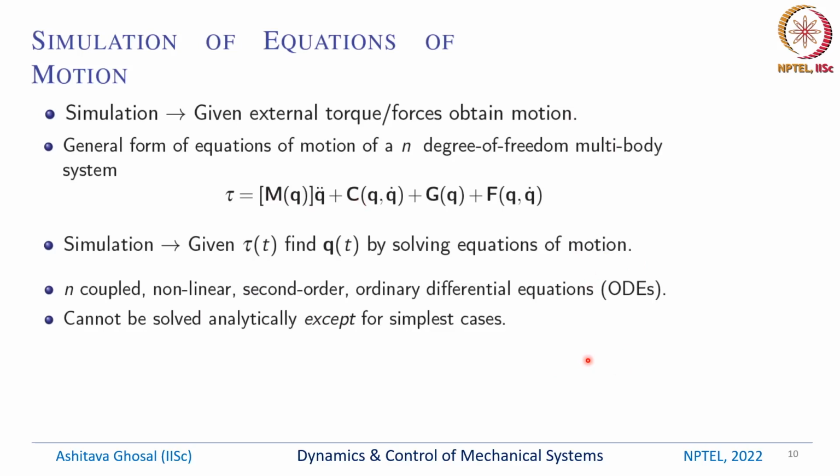Cos theta 1 plus theta 2, and then something like sine theta 2 into theta 1 dot square. So all kinds of nonlinearities are there in these equations of motion. So for most of these cases, we cannot solve it analytically. Differential equations are very hard to solve if they are nonlinear and coupled.